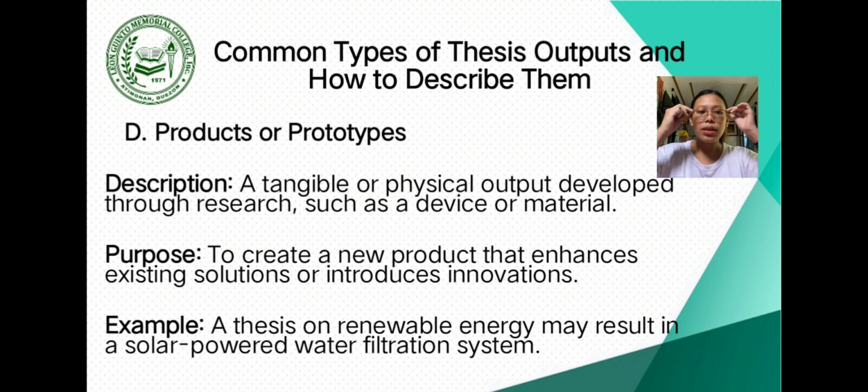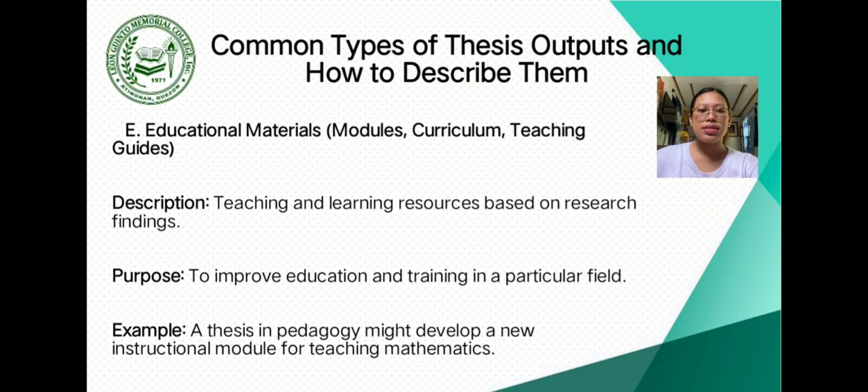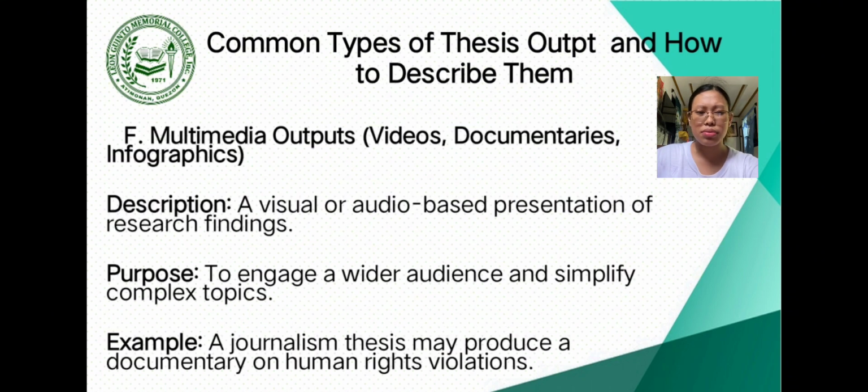So the product or prototype here is a solar-powered water filtration system. Next is the educational materials, which are the modules, curriculum, teaching guides. These are teaching and learning resources based on research findings. The purpose is to improve education and training in a particular field. For example, a thesis on pedagogy might develop a new instructional module for teaching mathematics.